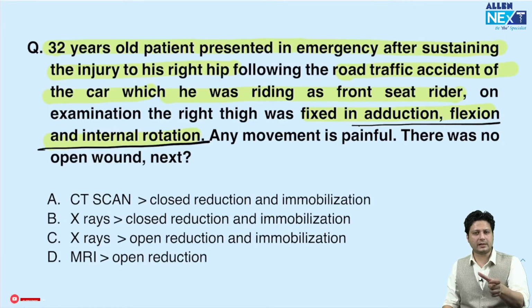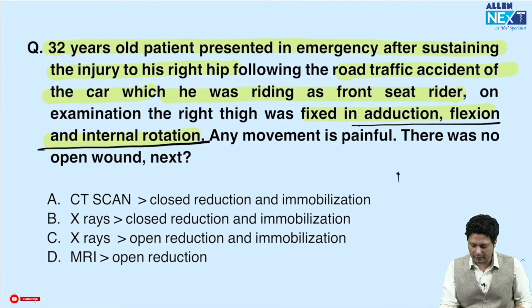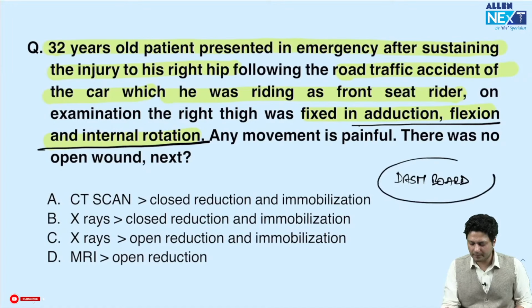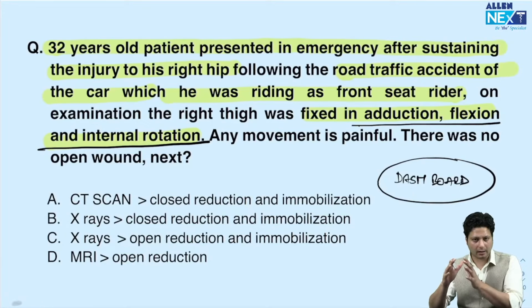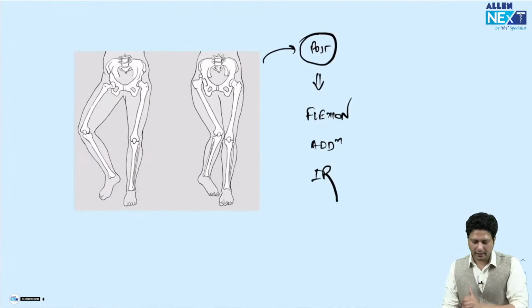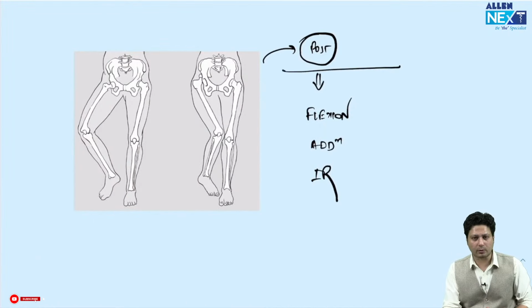So the mechanism of injury is the dashboard injury. They have provided you the mechanism of injury and the attitude on the basis of which you have provisionally made the diagnosis. So the diagnosis is posterior dislocation of the hip joint.